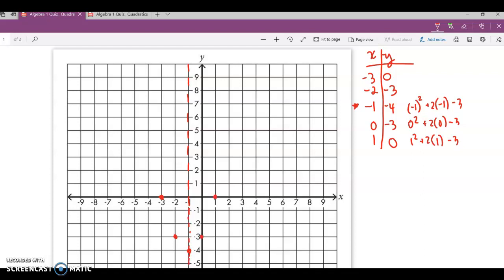If you wanted more points, you're free to plot more points, but that's enough to see a parabola. And I want to label my axis of symmetry, so that was x equals negative 1. I want to label my vertex, negative 1, negative 4.